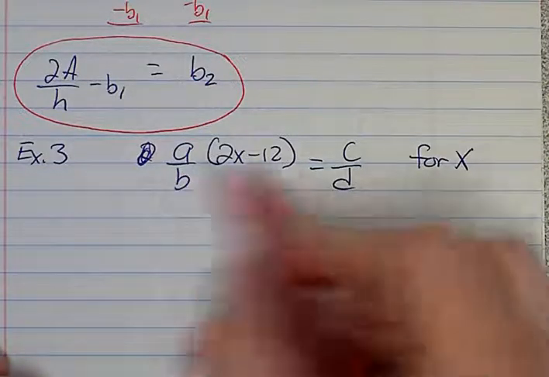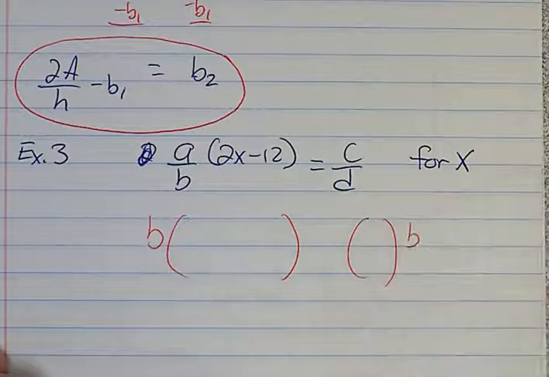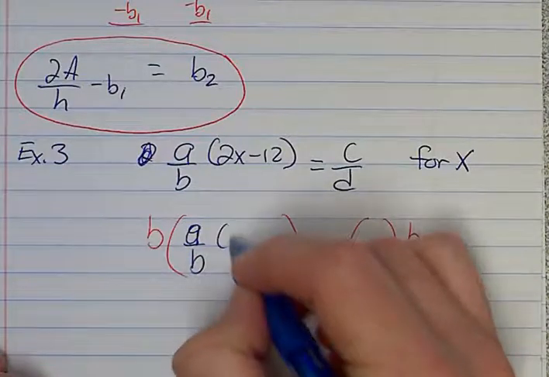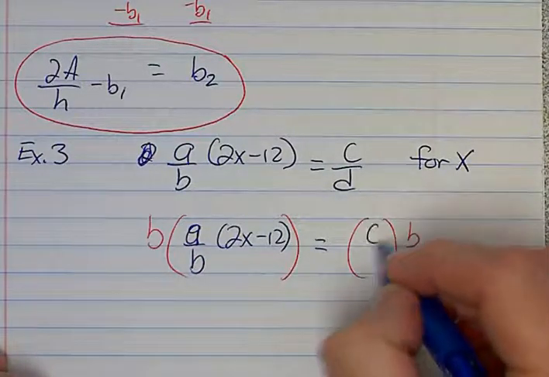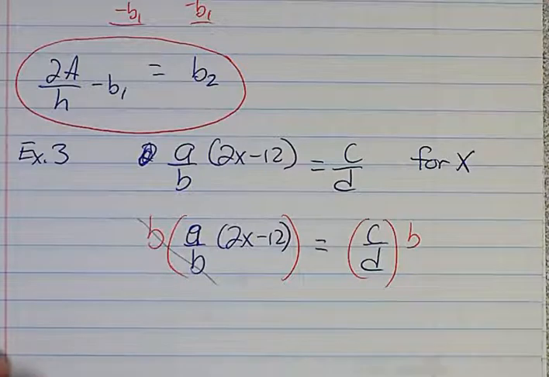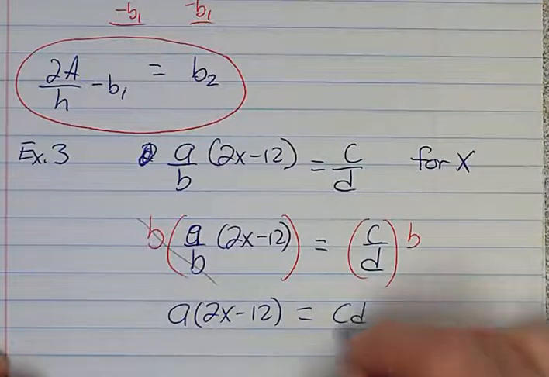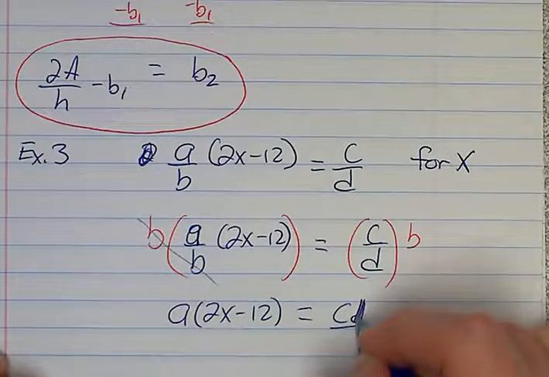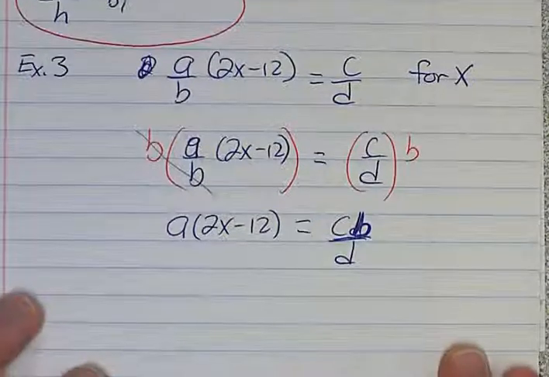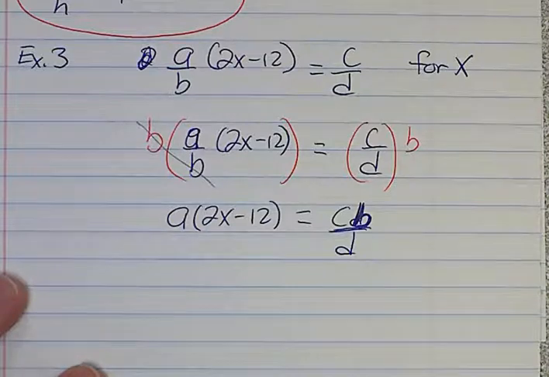Okay, so first thing is, you've got the whole thing divided by B, so let's go ahead and multiply everything by B. Multiplying by the B cancels out that divided by B. So that makes the right side CB over D. Okay, and you've got A times this thing.